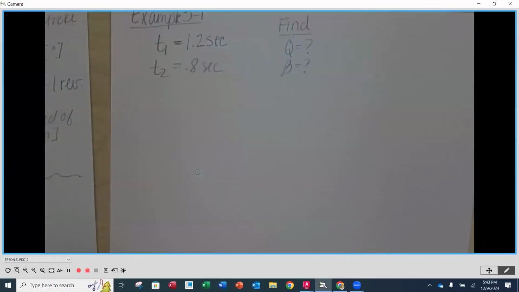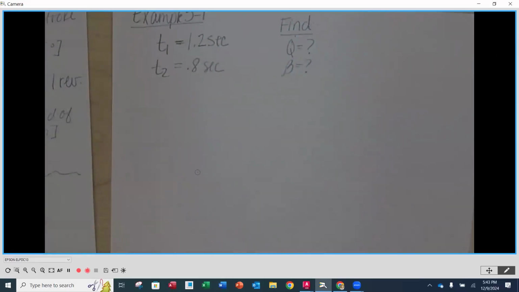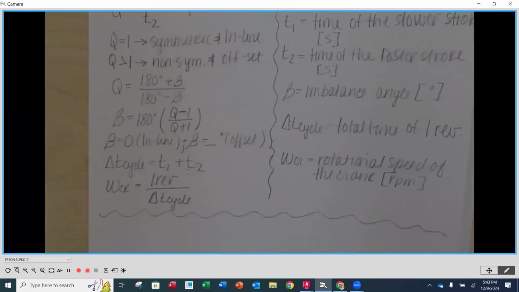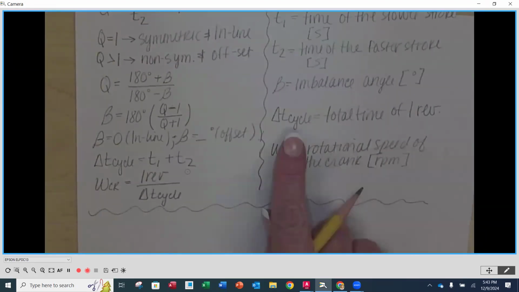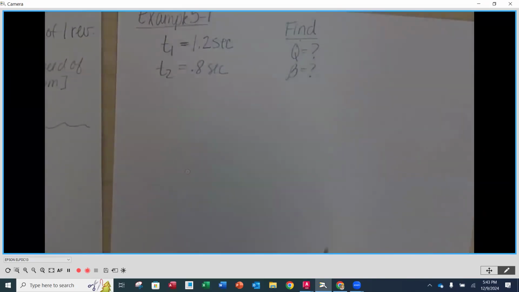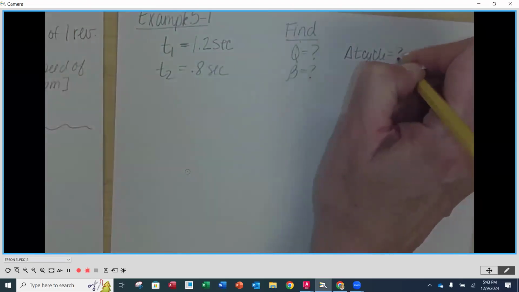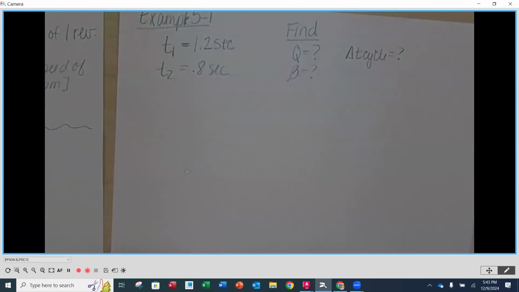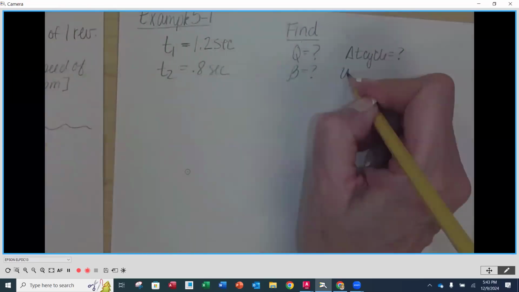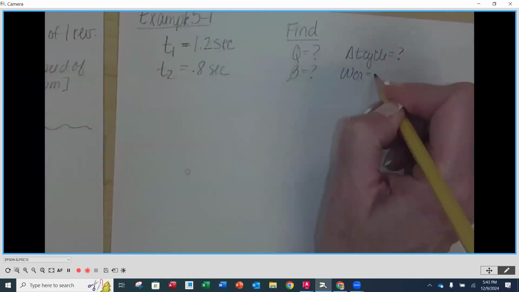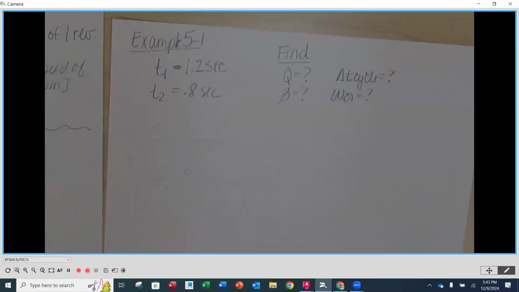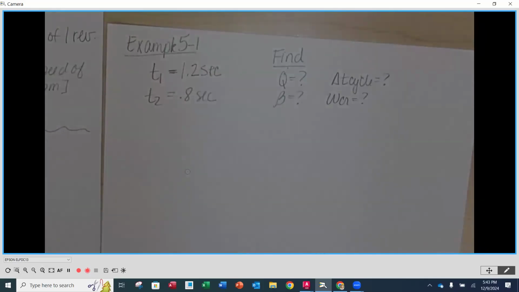We also need to find the cycle time, the total time of one revolution, delta T cycle. And then we need to find the speed at which the mechanism needs to be driven, the W of our crank, the angular velocity or rotational speed of our crank. So those are the four things we need to find for this problem.